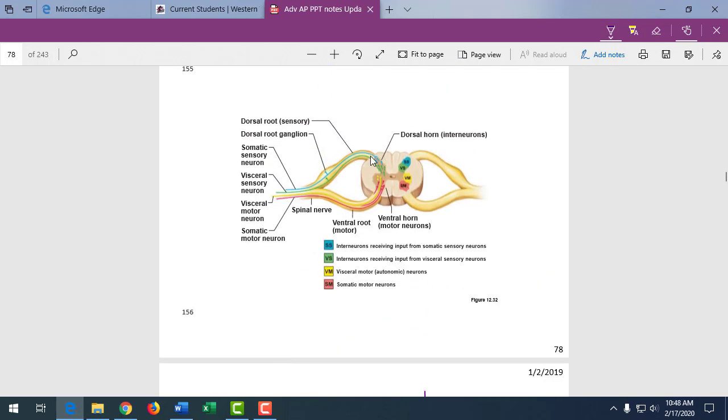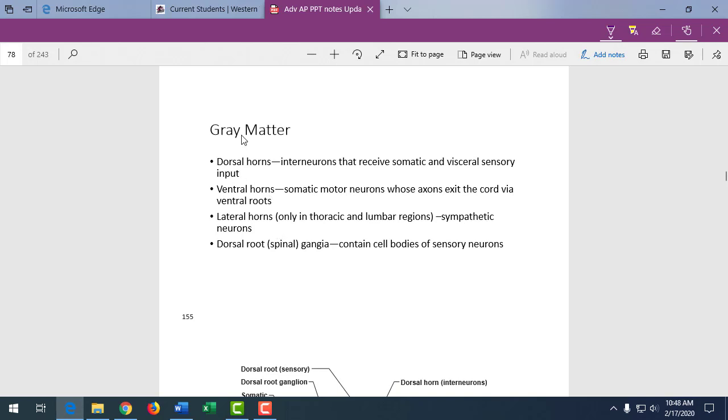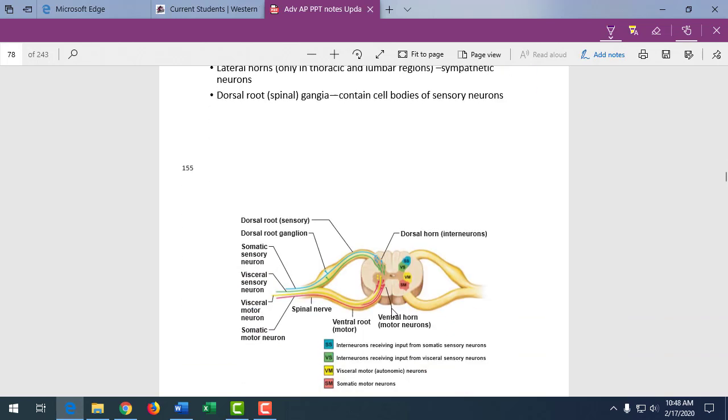So if we look at gray matter, it is not myelinated. It's the cell bodies and the dendrites of our neurons that are carrying information. Cell bodies and dendrites. So those are clustered into horns. So if I look at these horns, remember we looked at this in general A&P? So these are cell bodies and dendrites. So I can see that this is an axon. Here's a cell body in the middle.